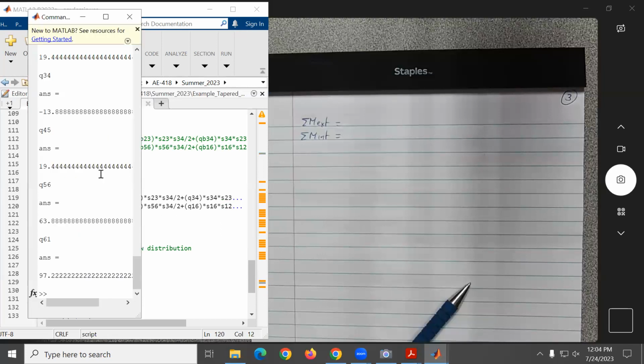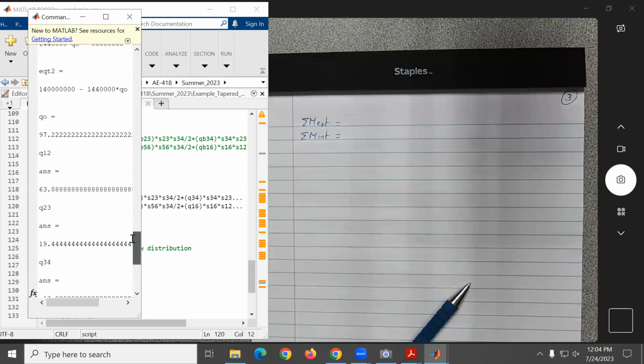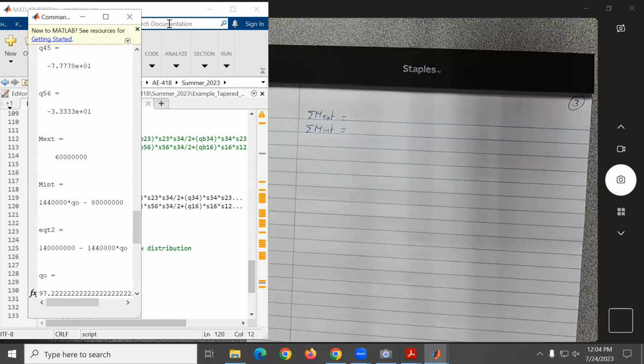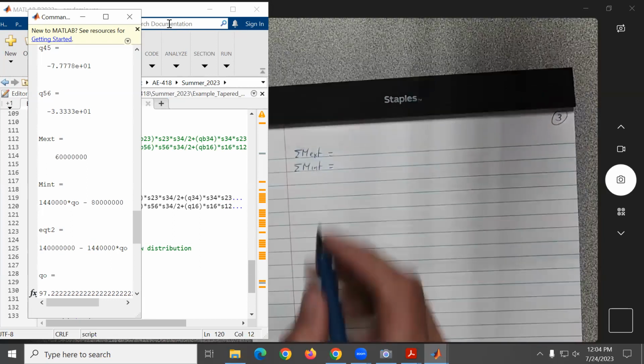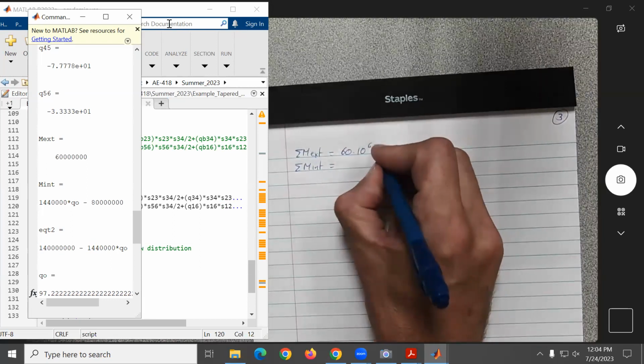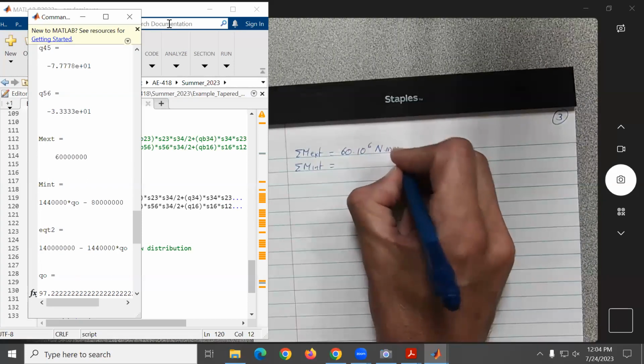All right, so now we should have everything, I guess. Here we go. So for the external moment, how many zeros do we have? 1, 2, 3, 4, 5, 6, 7. So let's say 60 times 10 to the 6 newtons per millimeter.